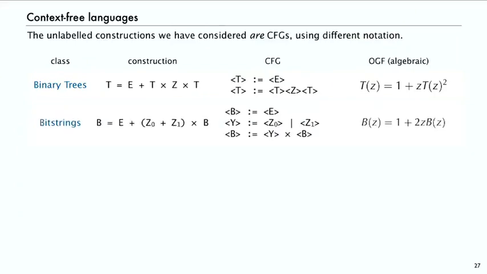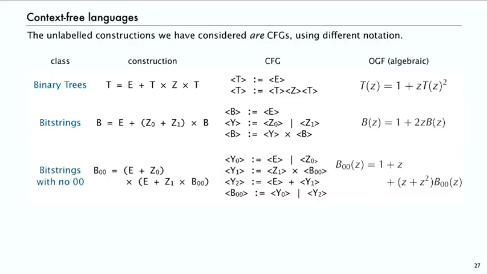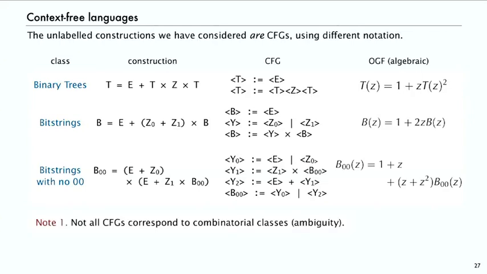It can be recursive. So this is for bit strings, and it's a little more complicated to represent it as a CFG, but not that big a story. Really, it's just different notation.